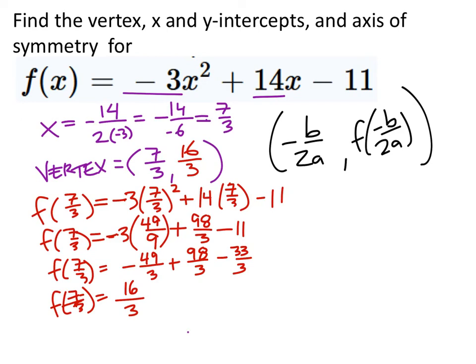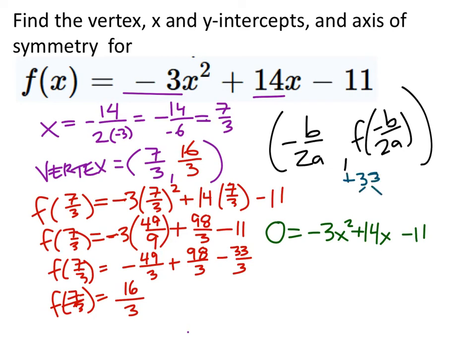Well, that was just the vertex, right? So we need to find the x-intercepts, which we can do with factoring. So for the x-intercepts, the y value is 0. So we got the equation 0 equals -3x squared plus 14x minus 11. And we have to multiply the a and c values, -3 and -11, to get, oh, that'd be positive 33 instead.